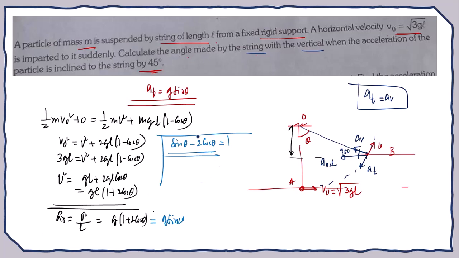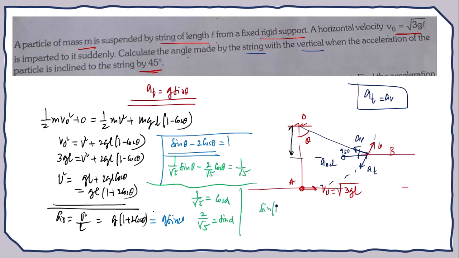Okay. Now you have to solve it using trigonometry. So if I divide both sides by root 5, I am getting 1 by root 5 sin theta minus 2 by root 5 cos theta equal to 1 by root 5. Let us say I am taking 1 by root 5 equals cos alpha. So 2 by root 5 becomes sin alpha. That means sin theta cos alpha minus cos theta sin alpha means sin of theta minus alpha.